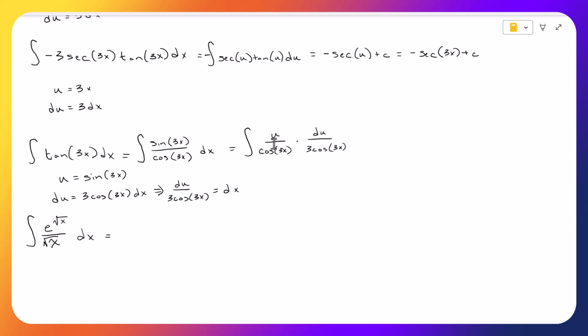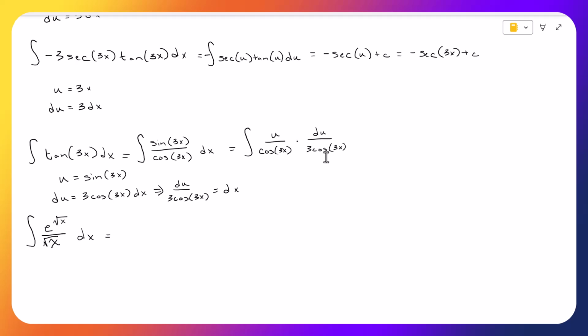We can rewrite this as u divided by 3 cosine squared of 3x. And you could actually do something with that if you really wanted to keep going down this path. But I think for most people that would just be confusing. What we would actually have to do is another U-substitution. But I don't want to do that because this is getting a little icky.